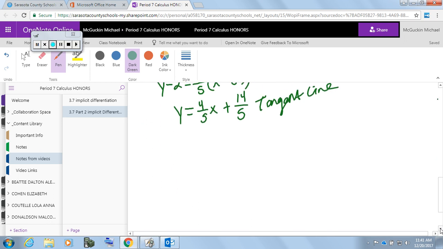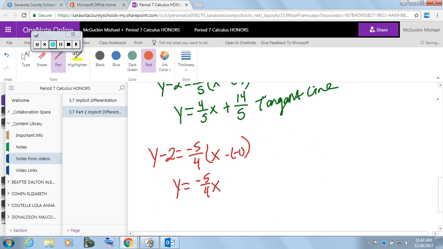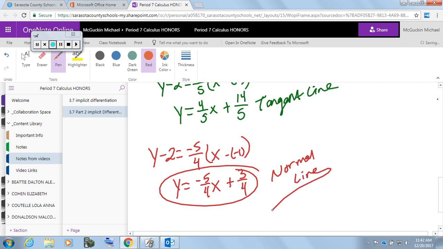And so for our normal line, y minus 2 is negative 5 over 4 times x minus that negative 1. And in the end, we get y equals negative 5 over 4 x plus 3 over 4 for the normal line. All right, so there's the two things that we were looking for in this particular example.